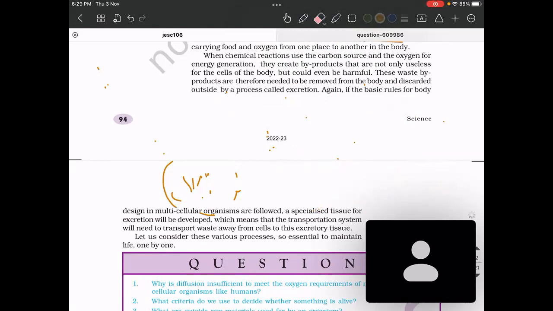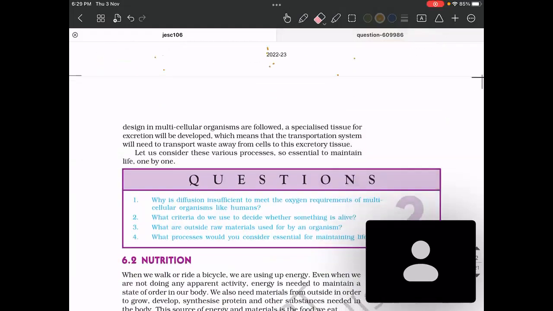Very good. So the liver converts water insoluble, harmful substances into water soluble, harmless substances. Thus, it helps the kidney to excrete the wastes in water soluble form.